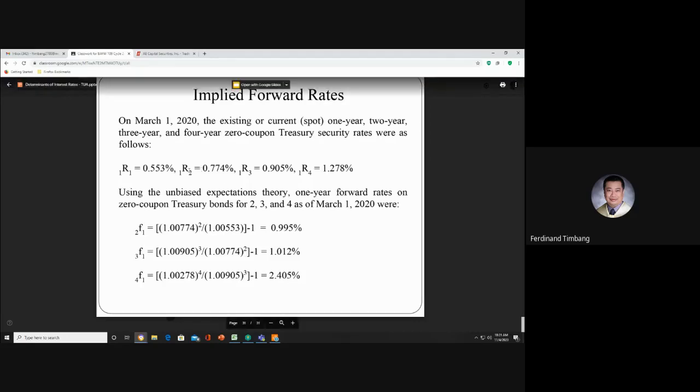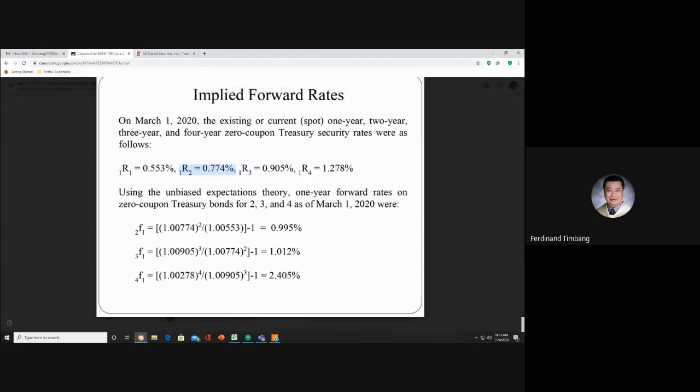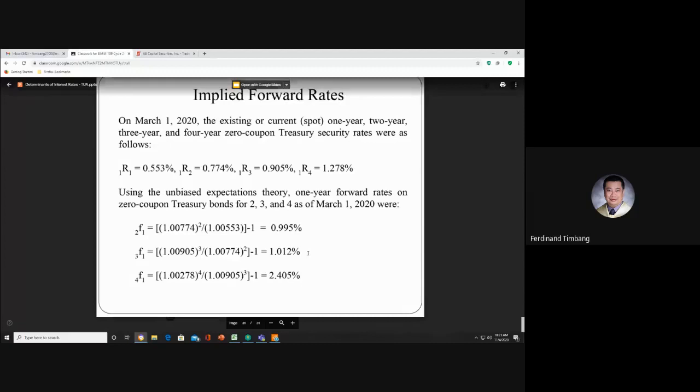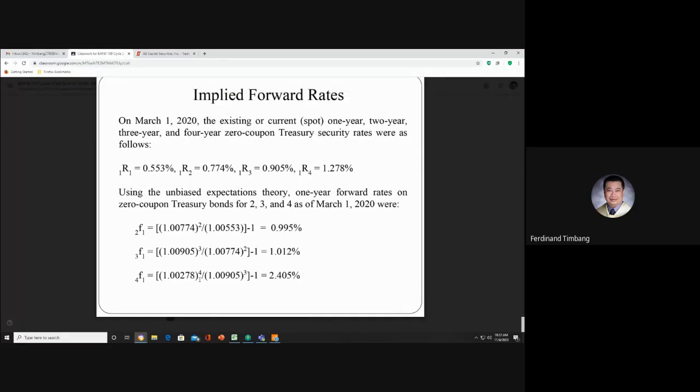Yung period 1 with 2 years maturity, then minus 1. So you have 1.012% for the forward rate. And then for the 4 year naman, ganun din. Kukunin lang natin yung 4 years, raised to the power 4, then divided by the raised to the power 3, minus 1. So the forward rate should be 2.405%.